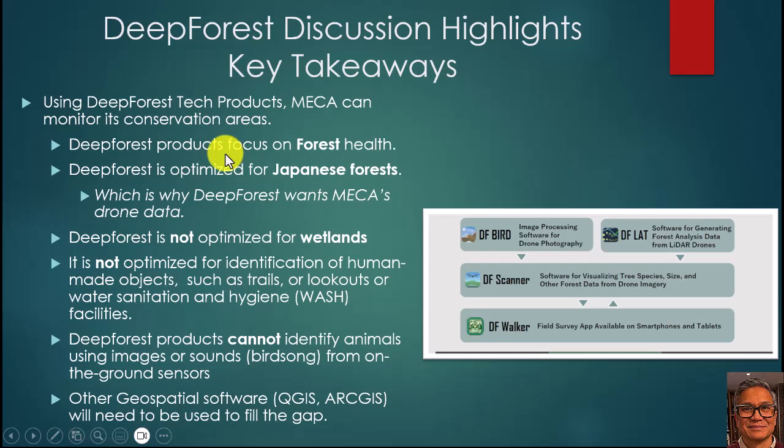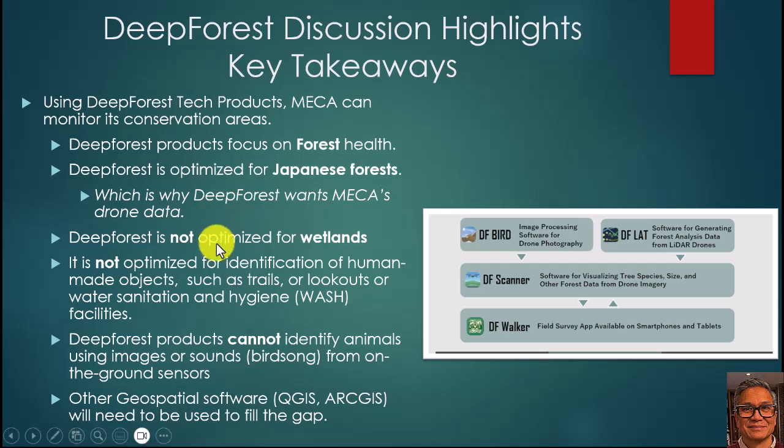DeepForest is optimized for Japanese forests, and this is why DeepForest wants MECA's drone data, because it would like to expand the products that it develops so that it applies to other areas of the world, such as where MECA's conservation area is located, on the eastern seaboard of North America.